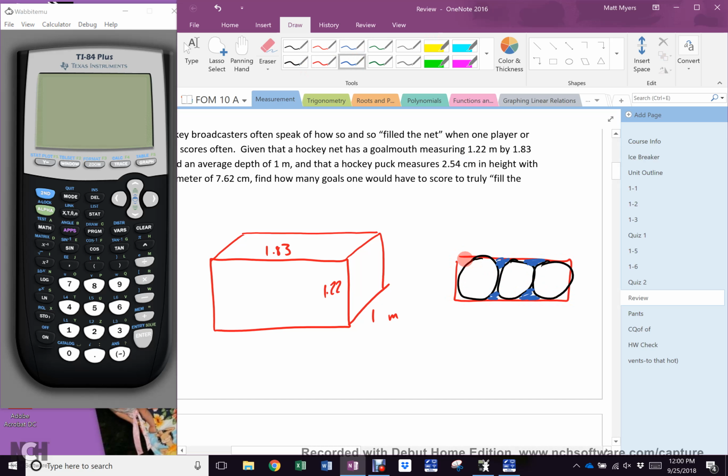Empty space. Can the pucks fill that empty space? No, because they're circles. So what you actually had to do was recognize that this distance along here was 183 centimeters, wasn't it? And pucks, which I will draw in black, are how wide?